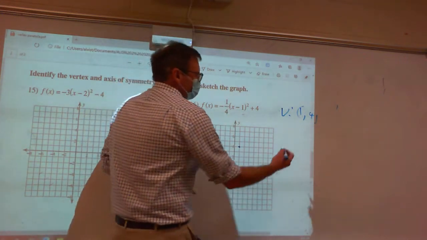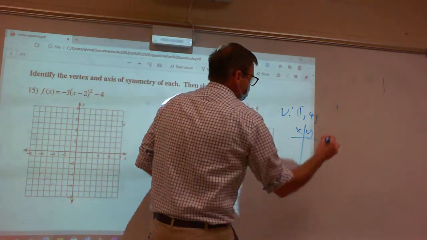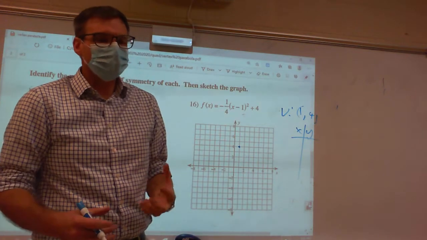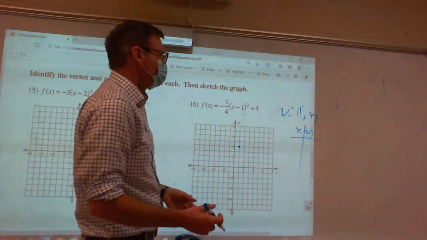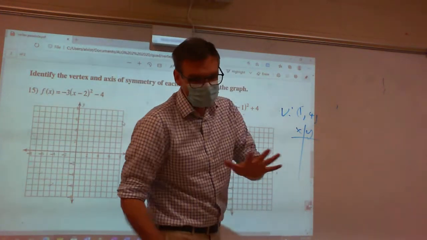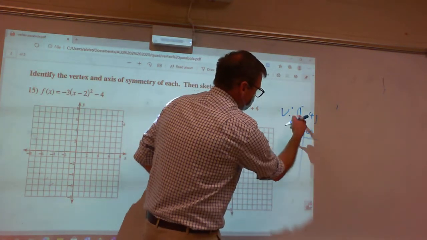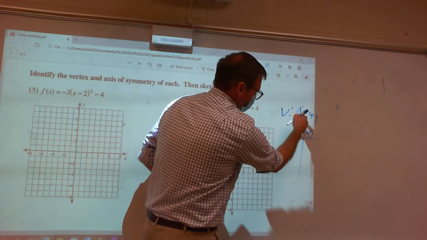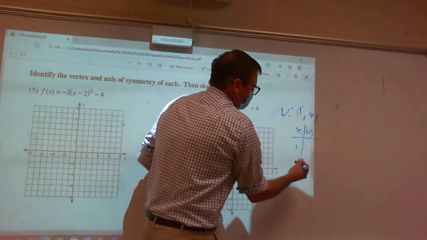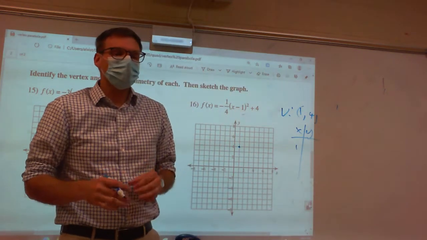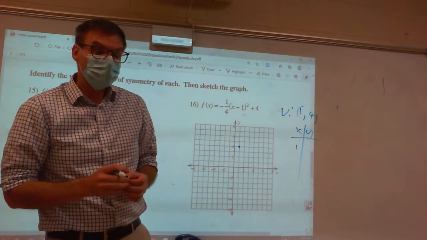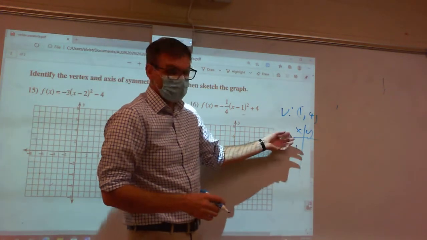Because what you want to do is pick x values that give you nice values. And I'll go ahead and give you a hint. If your vertex has an x value of 1, you're going to get a nice value if you pick something close to 1. Sometimes you can get very close to 1, like you could pick 0 or you could pick 2.